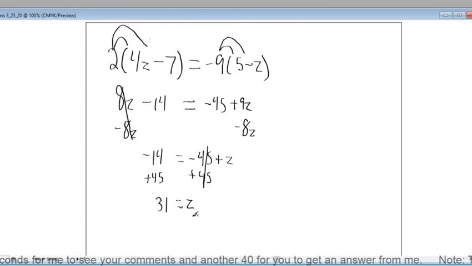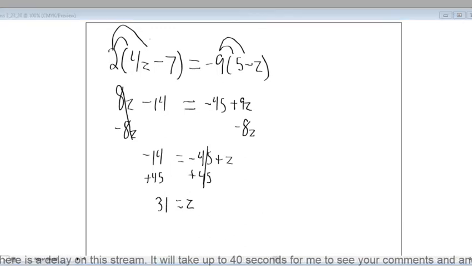Again, there's our condition. The thing that makes this original equation true, the thing that makes this work, is as long as we plug in 31 for z in both of these z's. Okay, so I will pause here for a minute in case we have any questions. Again, remember that there is a delay, so I'll give us some time to get those questions up here.